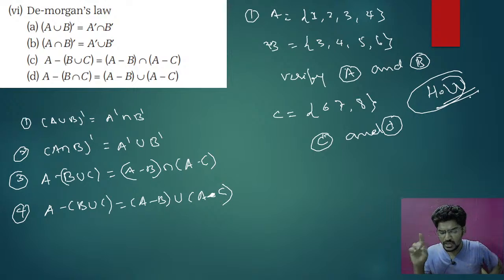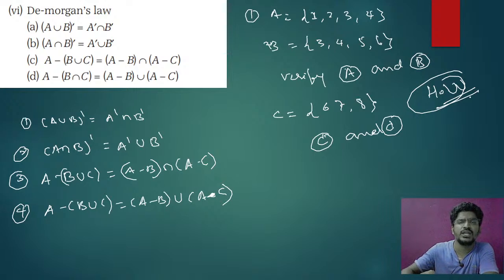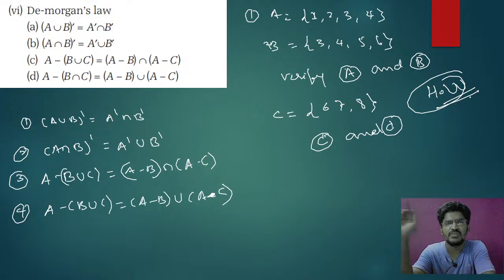So (A union B) whole complement is equal to A complement intersection B complement. (A intersection B) whole complement is equal to A complement union B complement. A minus (B union C) is equal to (A minus B) intersection (A minus C). A minus (B intersection C) is (A minus B) union (A minus C). Okay.